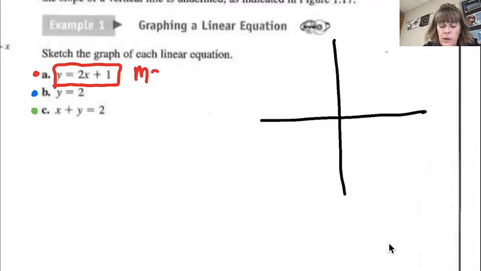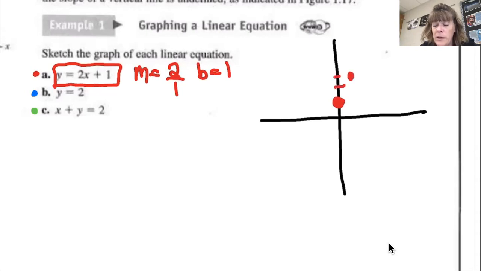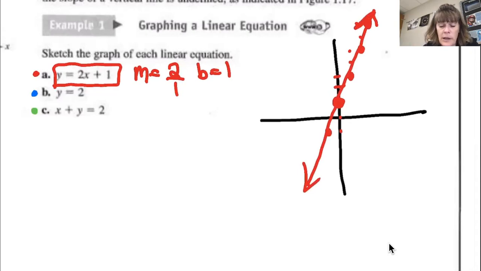So our m is 2, or 2 over 1, and our b is 1. We always start with our y-intercept, where it crosses the y-axis. So it crosses at 1. From there we have a slope of 2 over 1, so up 2 and over 1, and that would be my next point. I could keep going, and I could go backwards. And that is line A.